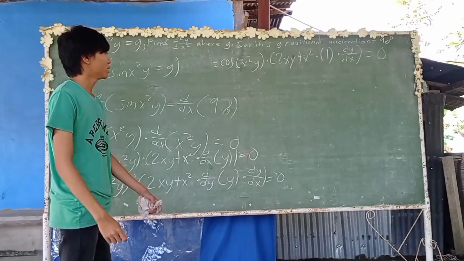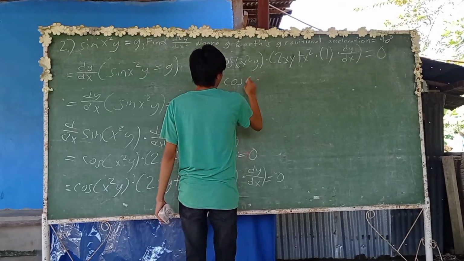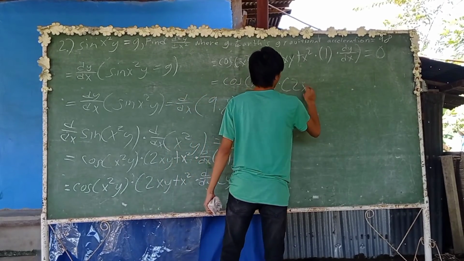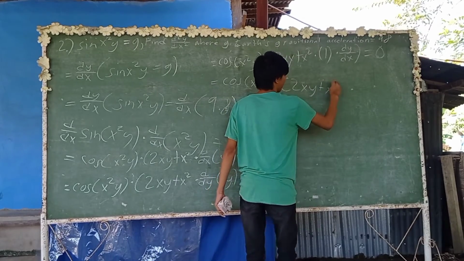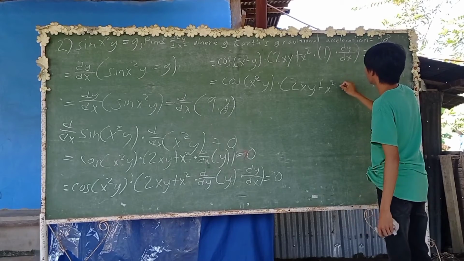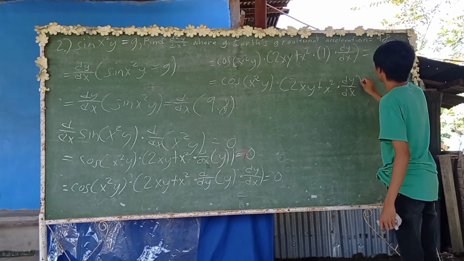Then the next process is simplify. So cos of x squared y times 2xy plus x squared times dy over dx equals 0.